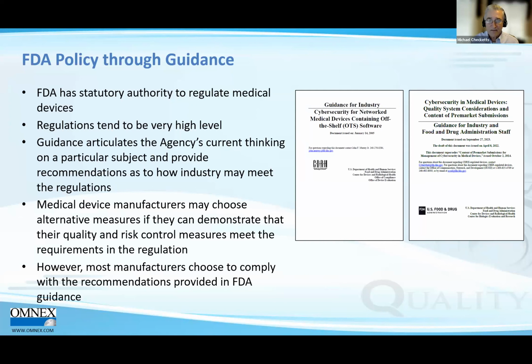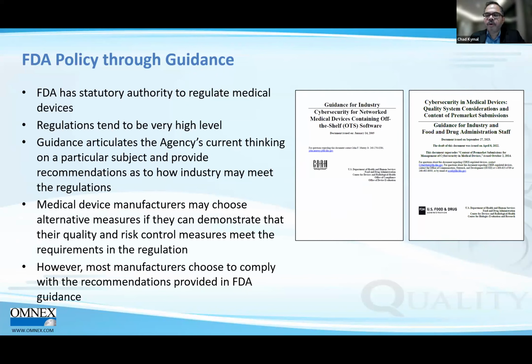This final guidance updates a draft guidance of the same title issued on April 8th, 2022, which has been discussed in an alert by Ropes and Gray, and replaces the agency's 2014 final guidance on pre-market submissions for management of cybersecurity in medical devices.